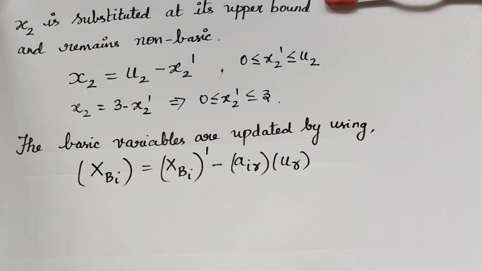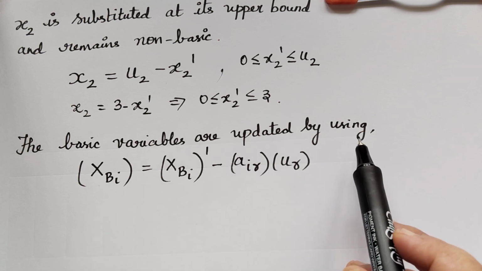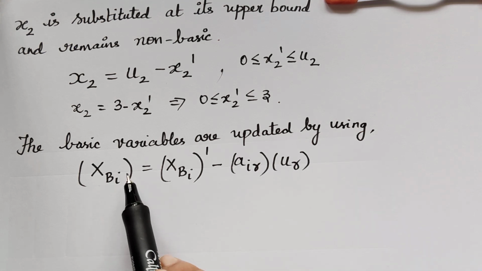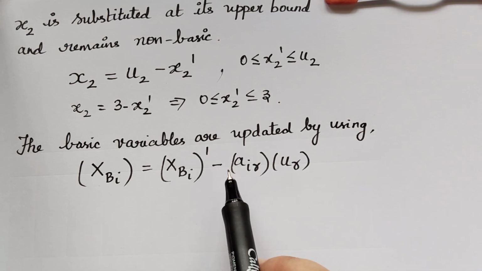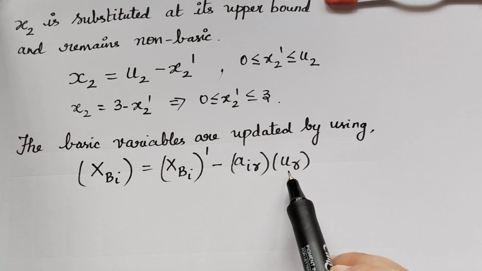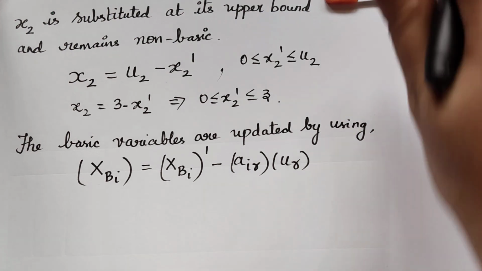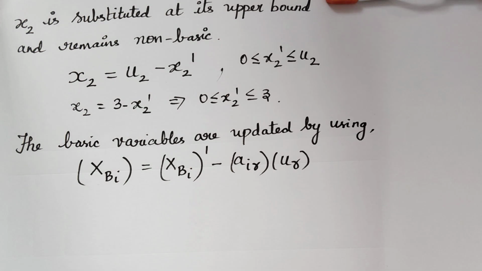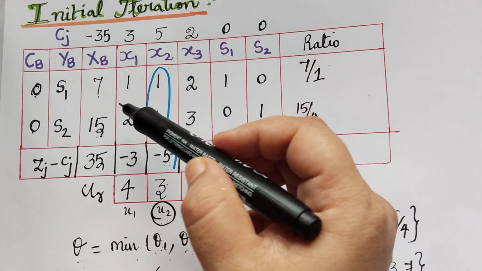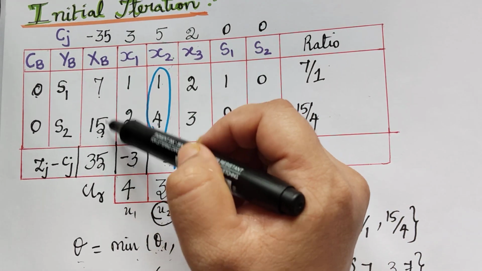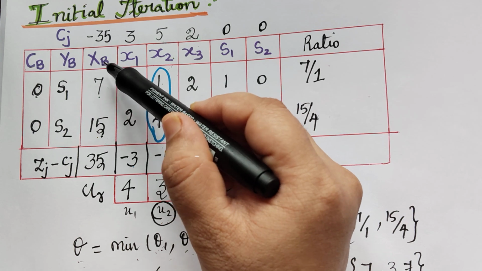Okay. So the basic variables will be updated by using the formula xbi is equal to xbi dash minus air ur. I will explain this to you. Now how many basic variables we have here? 2 basic variables, and the solution space is over here. We are updating this solution space only, that is xb.